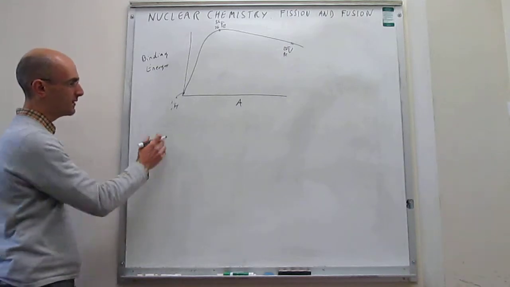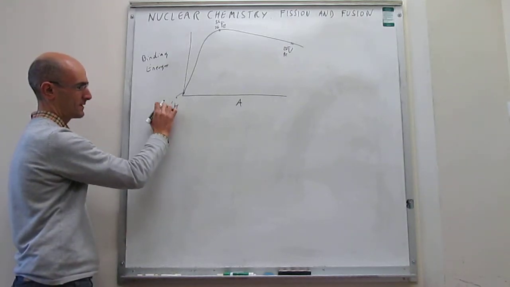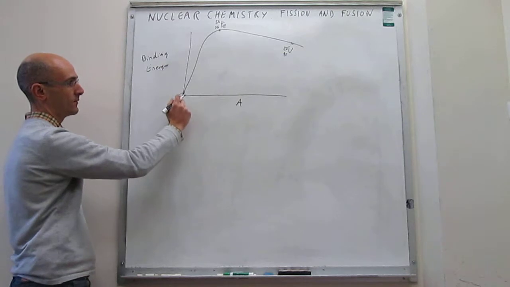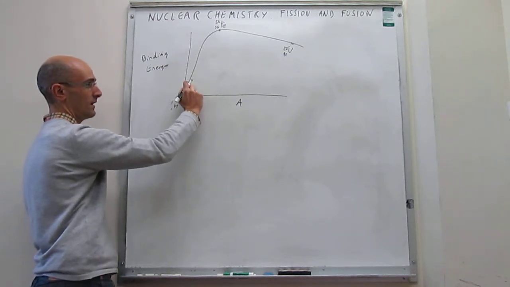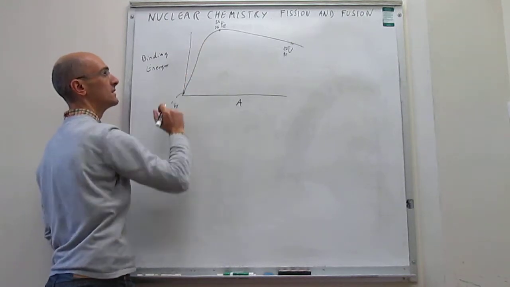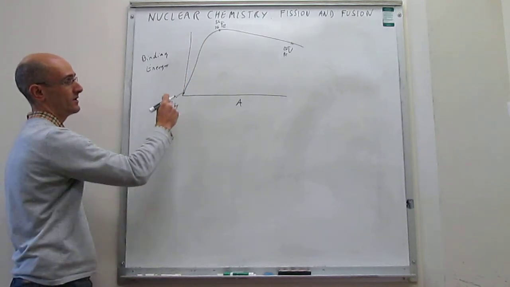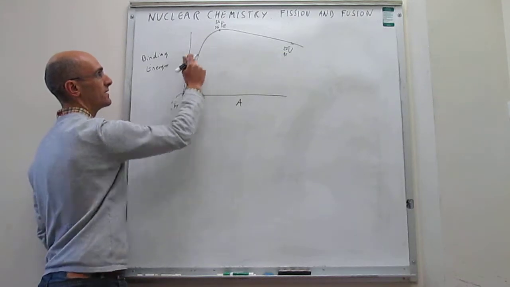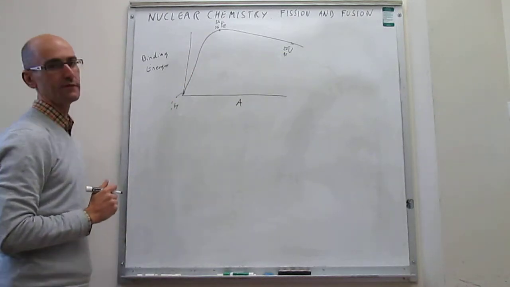The same thing happens in this part of the periodic table: you can try to generate nuclei of increasing mass, in order to generate ever more stable nuclei until you get to iron-56.